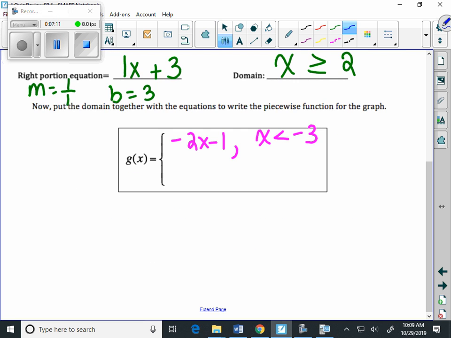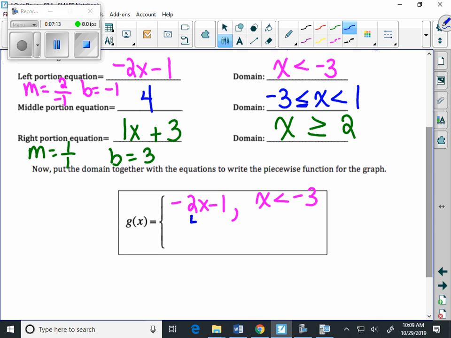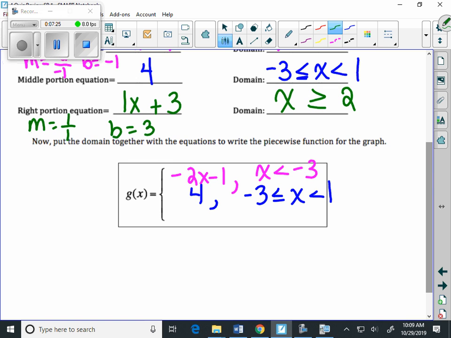The middle portion is 4, comma, when x is between -3 and 1, including the -3. And finally, the third piece is the 1x plus 3, and x is greater than or equal to 2.